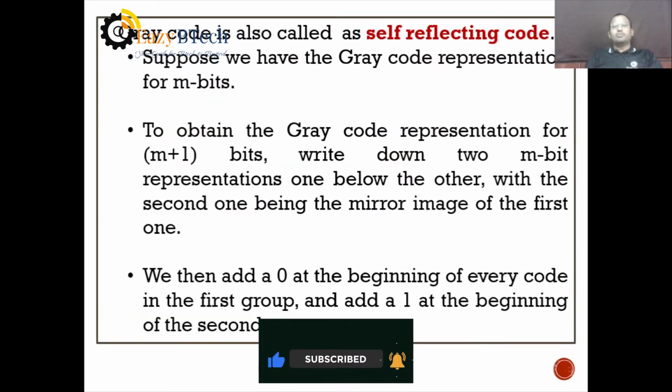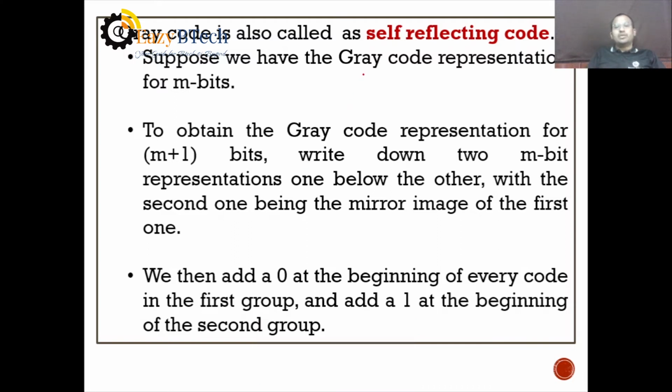So how do we obtain gray code? Gray code is also known as a self-reflecting code. Why?